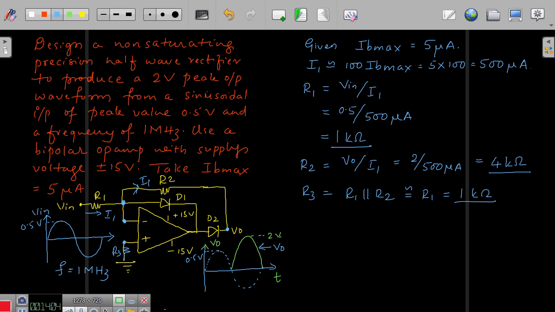Then I think these are the three things. You don't have anything else, but now you will have to go with the diodes. This is very important, right? So diode design with respect to the diodes. So first one is the peak inverse voltage.